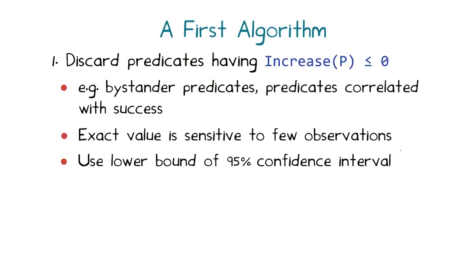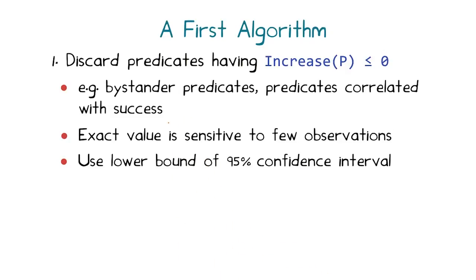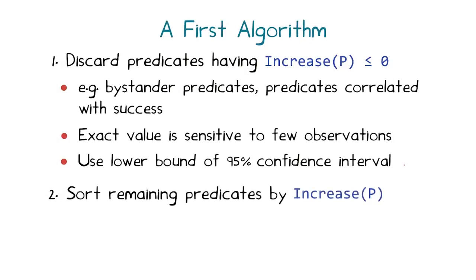In addition to the predicates discarded by the earlier condition, this revised condition also discards predicates that have high increase scores but very low confidence because of few observations. In the second step of the algorithm, we simply sort the remaining predicates by their increase scores, again using the lower bound of the 95% confidence interval based on the increase scores.